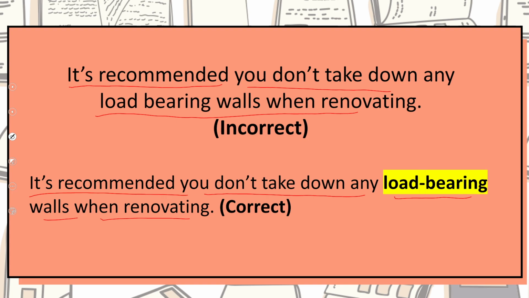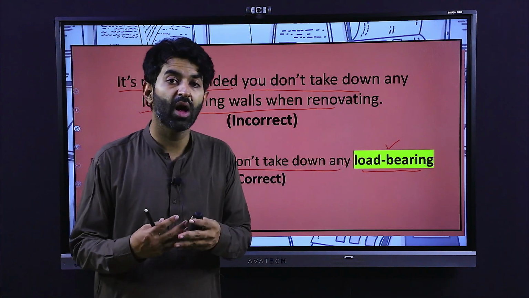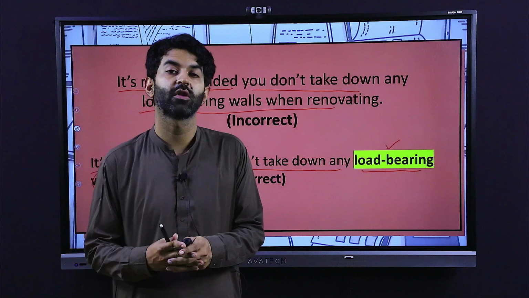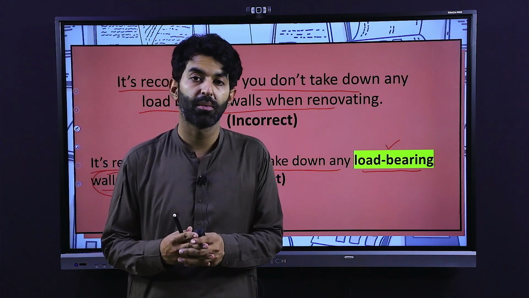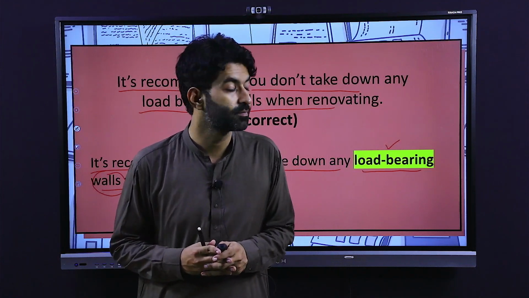So load-bearing, what is it describing or telling us about? The walls. The walls are load-bearing walls. That's good. So you can see that load-bearing requires you to add a hyphen because we are talking about an adjective, which is modifying our noun.